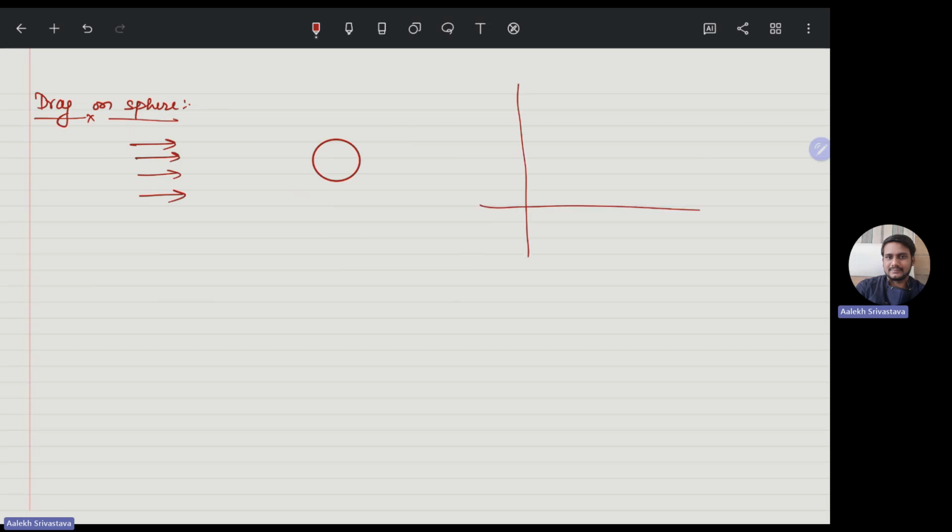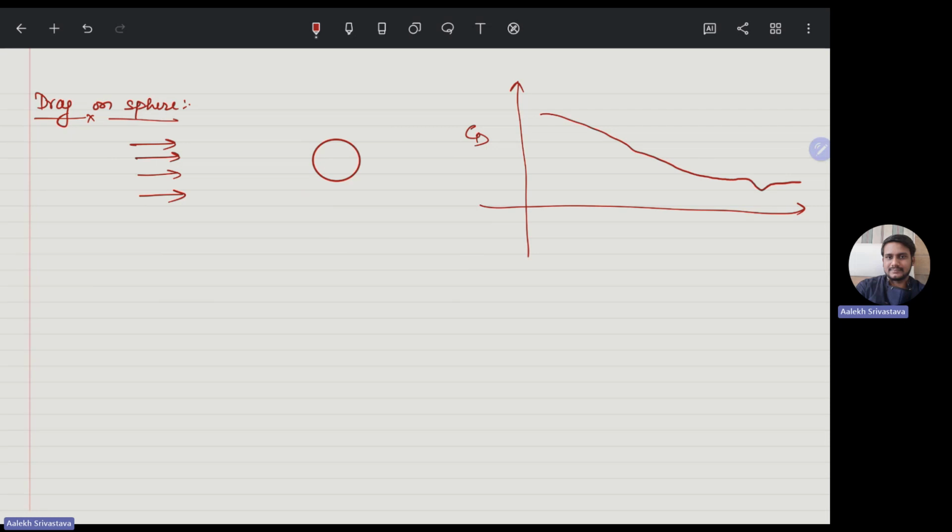So the CD, the drag coefficient of the sphere, looks something like this, and then it drops, and it goes like this. Why are we studying the drag on a sphere? Because rain droplets, cricket balls, and most things are in the form of a sphere.